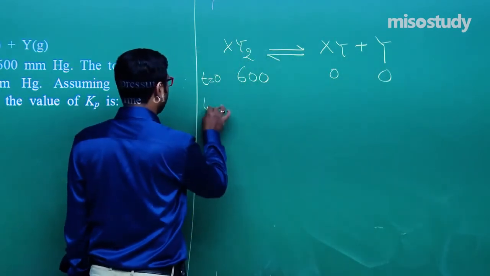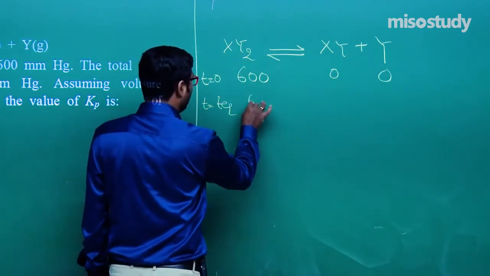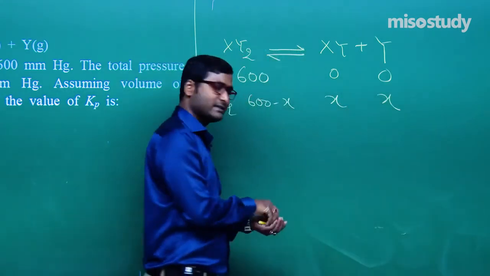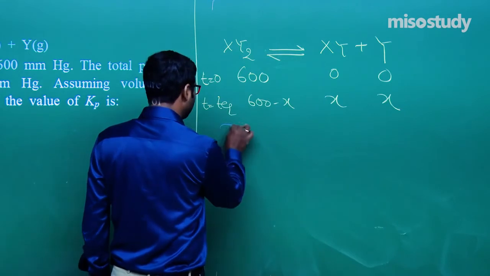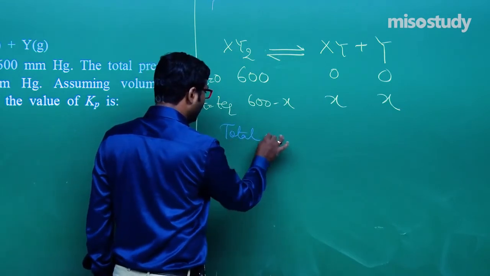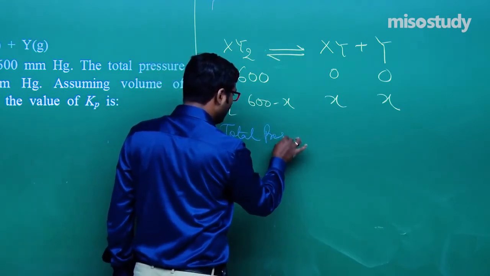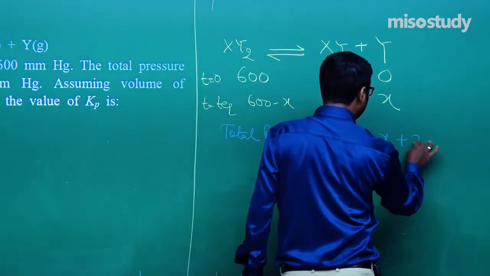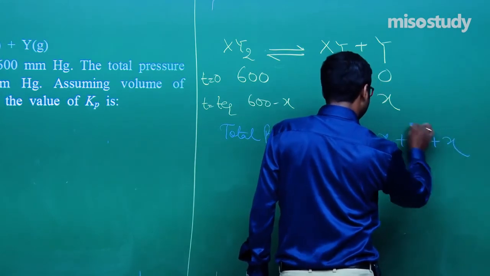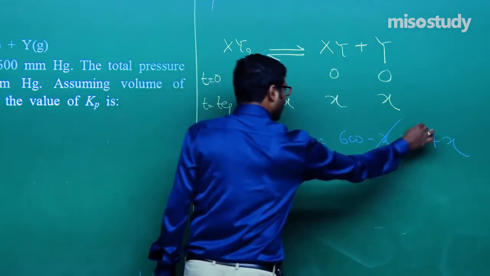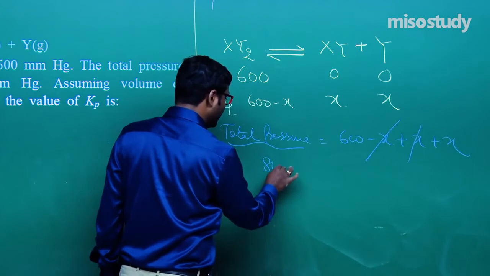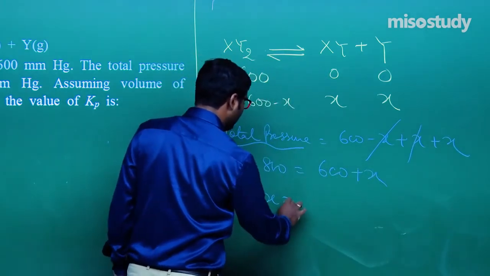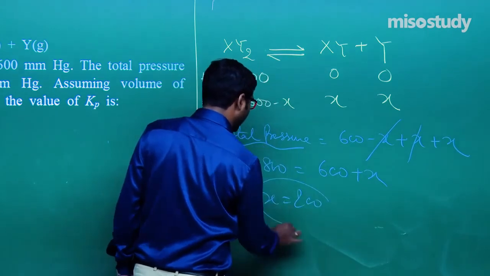At equilibrium, put 600 minus X, and this one is X and this one is X. Clear to you? And what is the expression for total pressure? Total pressure is 600 minus X plus X plus X. This will cancel, and the total pressure given is 800. So 600 plus X is 800, and X is equal to 200.